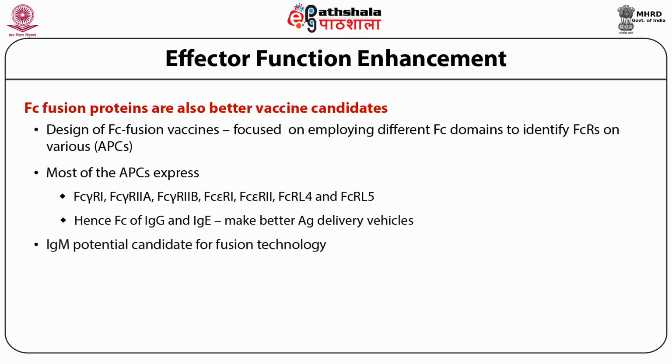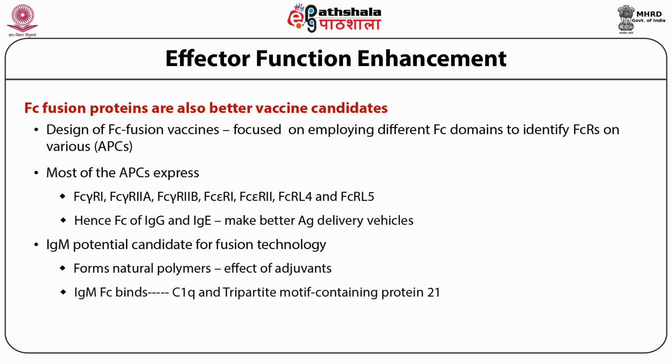Now, IgM molecule also can be used as the Fc donor for production of vaccine candidates, because IgM antibody molecule is endowed naturally to form polymers. We know that the IgM molecules in circulation or extracellular environment exist as a pentamer. So the multimerization factor provided by the IgM molecule, Fc region fragments to the vaccine molecule, has an effect of adjuvant.